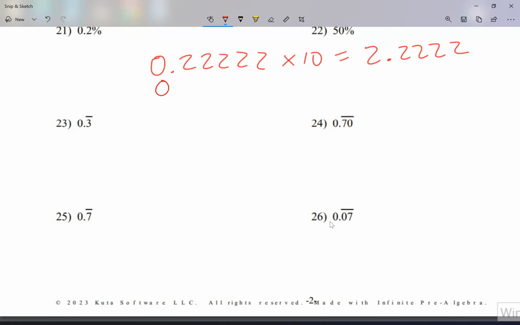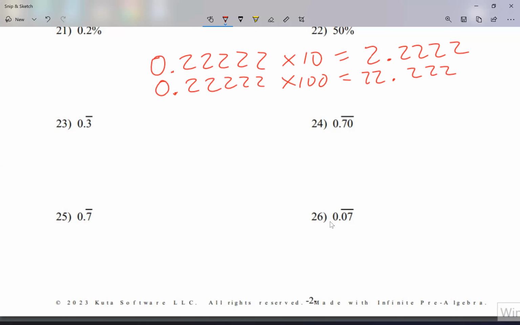But what if I multiply this by 100? Now I have 2 zeros, so just move the decimal 2 places to the right. That will give me 22.222. What if I multiply by 1,000? 1,000 has 3 zeros, so move the decimal 3 places to the right, and so on. The amount of zeros is how many places to the right you move the decimal.